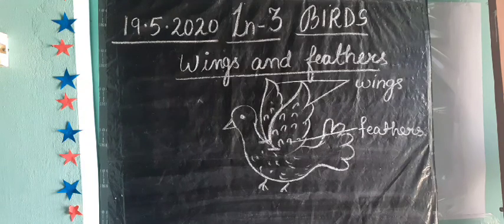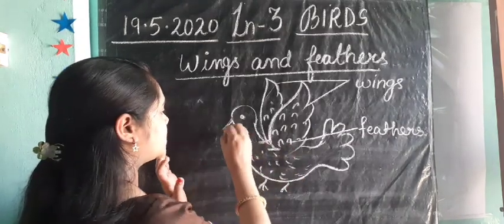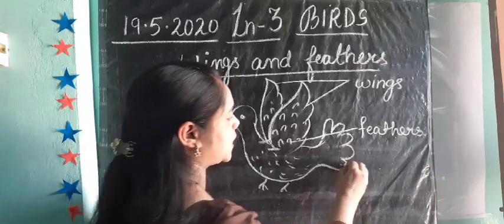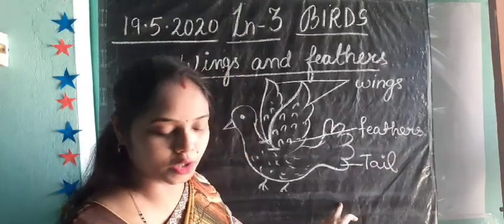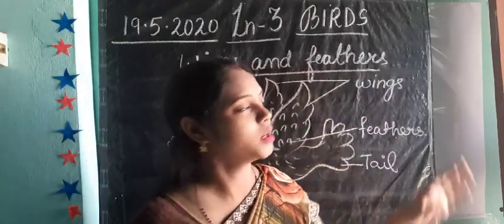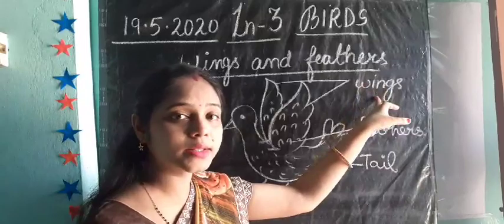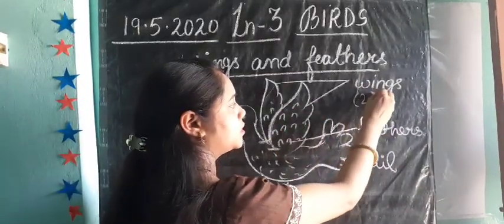Clear? Now see, this is the tail of a bird. Now we will see types of feathers.